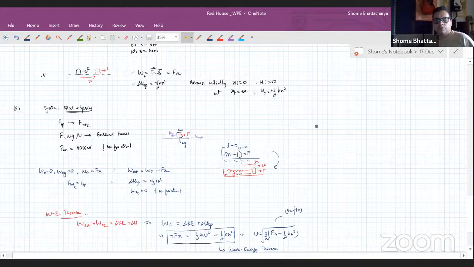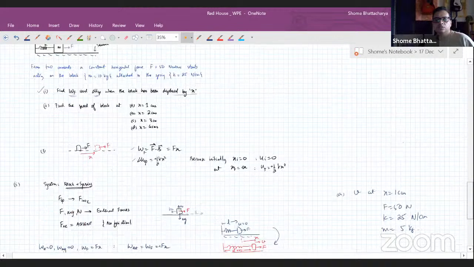Now, for example, in the A part, we have to calculate the speed at x equal to 1 centimeter. And for that, remember, F was 50 newtons, K was 25 Newton per centimeter, and mass of the block was, sorry, 10 kg.